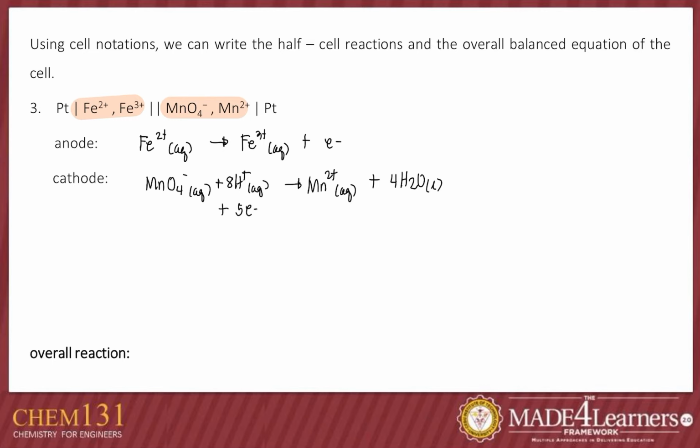So we're going to multiply. Let's check: 8 hydrogen, 4 oxygen, and one Mn. Alright? Next is to make the number of electrons equal. So we have to multiply the first equation by 5. So 5 Fe2+ aqueous, and we don't do anything to the second equation.